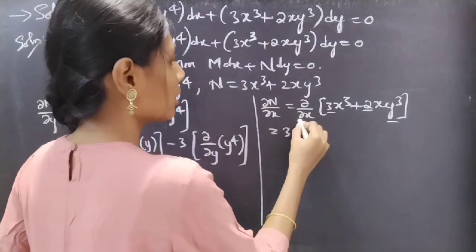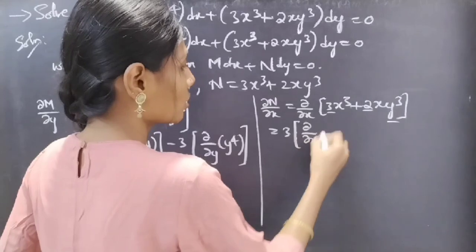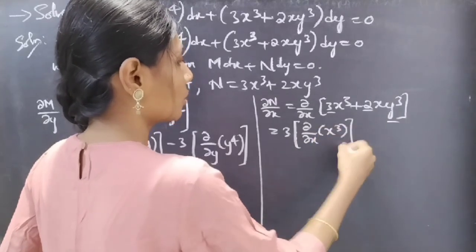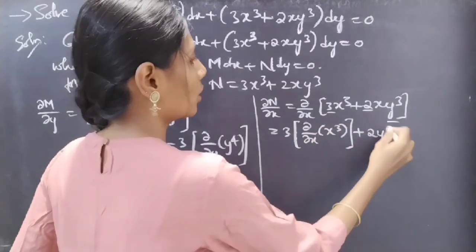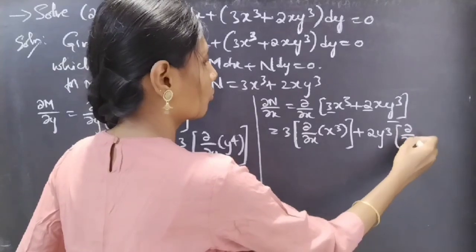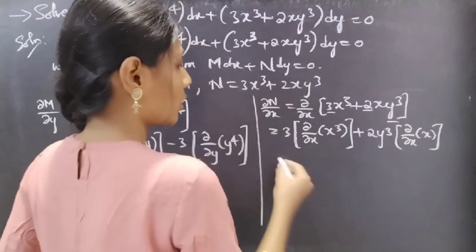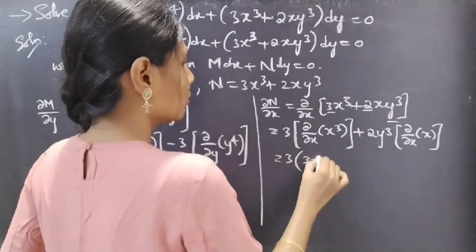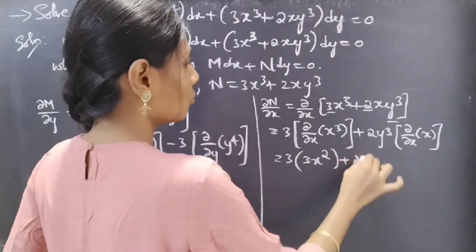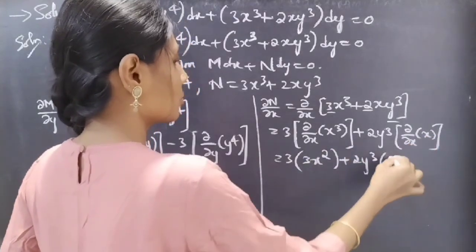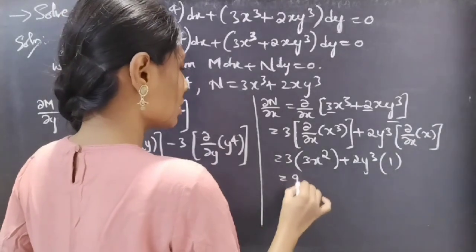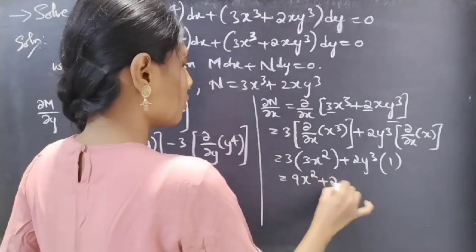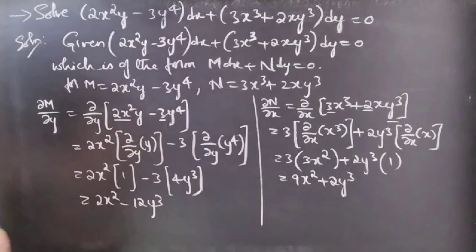So we'll write it as 3 times the partial derivative of x³ with respect to x plus 2y³ times the partial derivative of x with respect to x, which gives us 3 times 3x² plus 2y³ times 1, which gives us 9x² + 2y³, right?